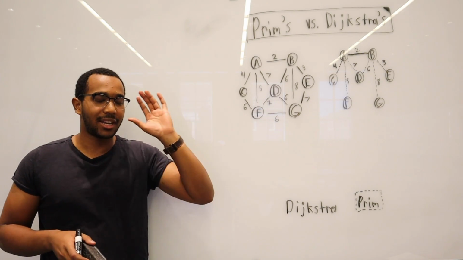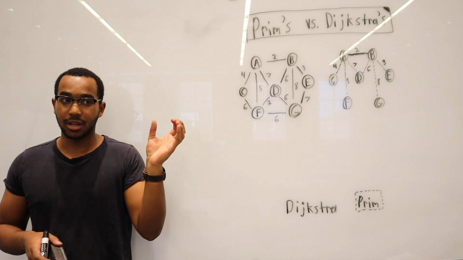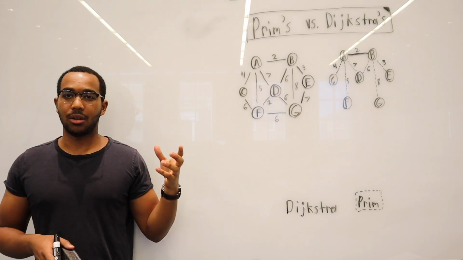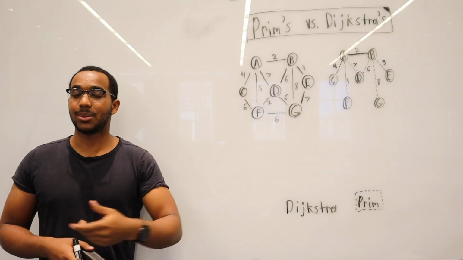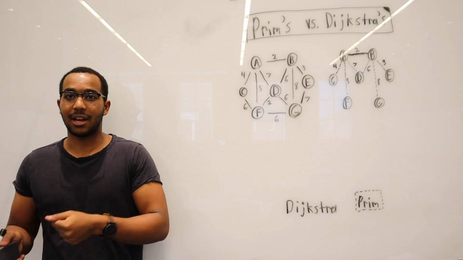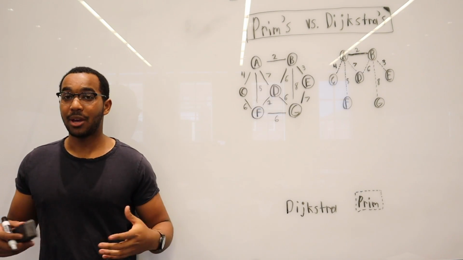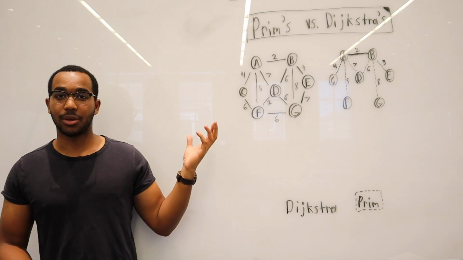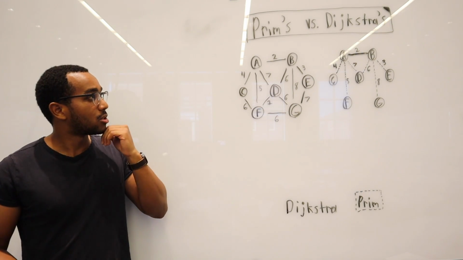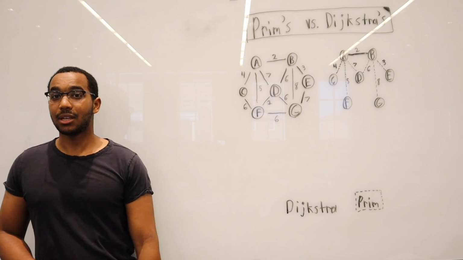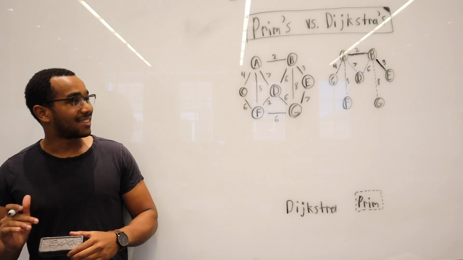Of all of the nodes that I can see from the given tree that I'm building, if I choose the smallest edge every single time, then ultimately we're going to build a minimum spanning tree, because we're going to expand this out slowly, choosing the minimum cost edge possible at every step to add a node to this component or this tree we're building. So we're going to choose the minimum cost out of all of these. Which one is that? That's going to be the E. So we chose the edge that's the E.